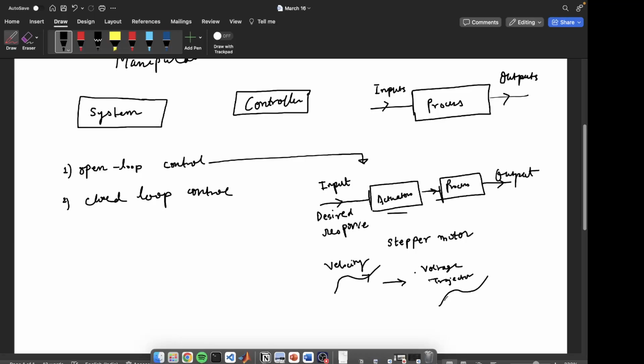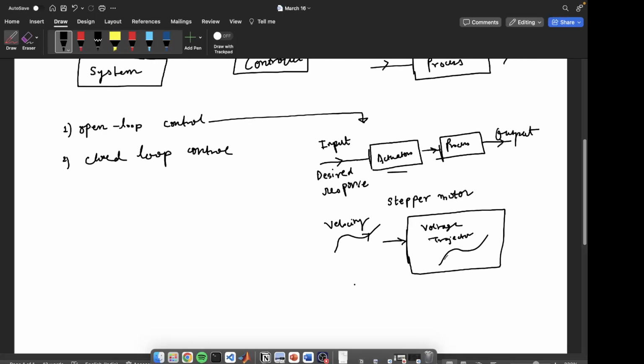By voltage trajectory, I mean that in this actuator block there will be some mapping: in order to run at a certain speed theta dot, the voltage required will be k times theta dot plus c, something like that. Accordingly the motor will produce a voltage and send it to the process, and the process will give you the theta dot out. This is theta dot in.